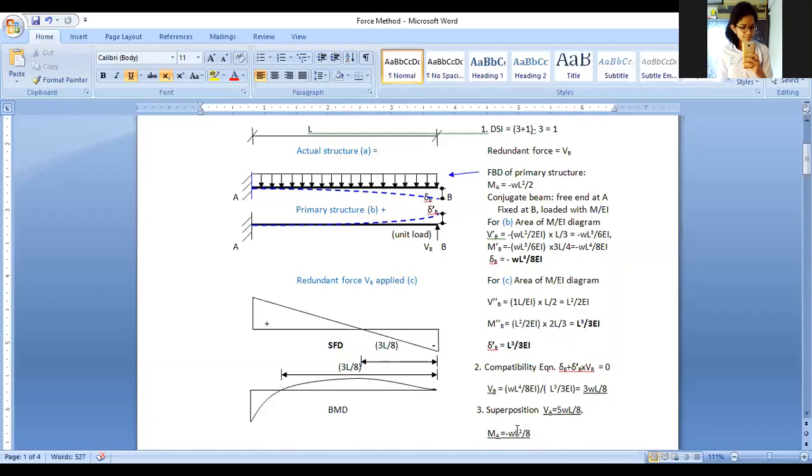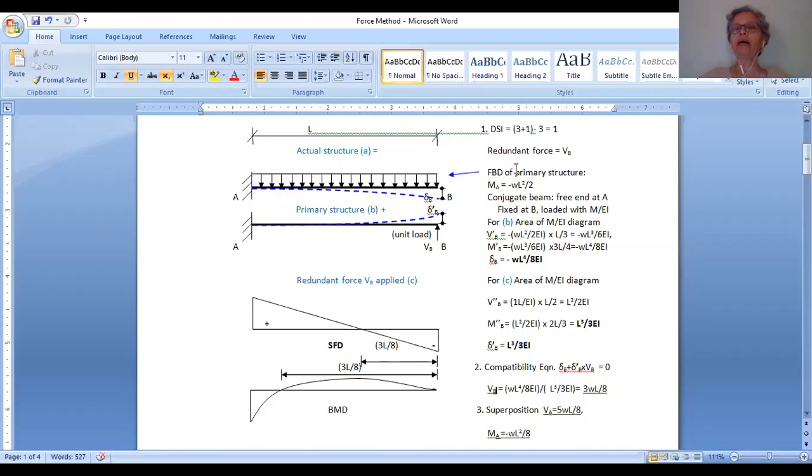Next we again have to make use of principle of superposition to find out moment at A. So what was the primary moment at A? Here we had calculated it as minus WL squared by 2. So VB is also going to give rise to some moment. That moment is going to be VB, that is 3WL by 8 multiplied by distance L. So that will be 3WL squared by 8.